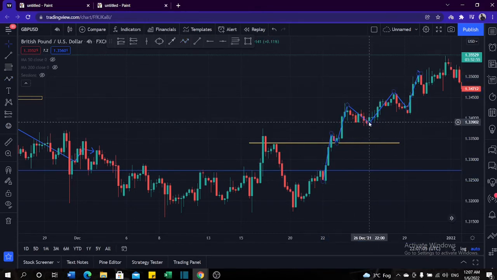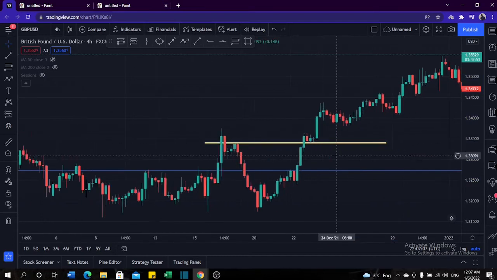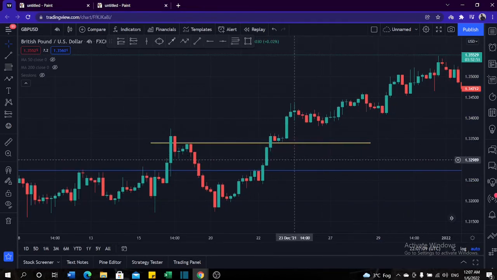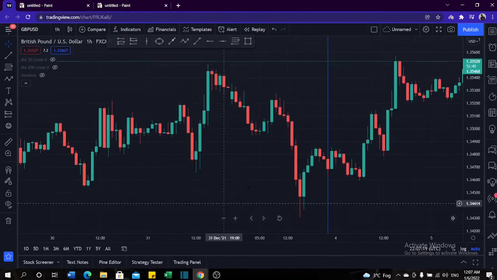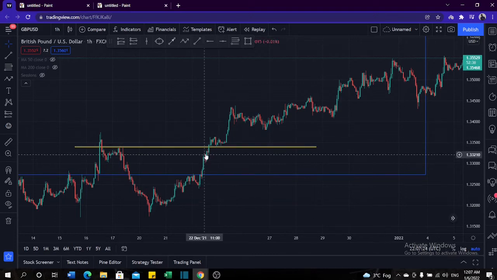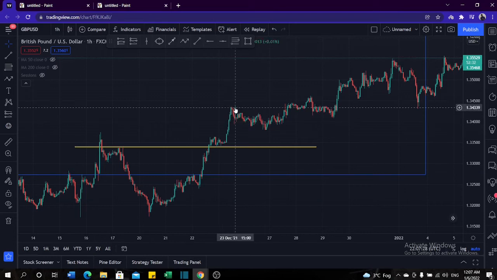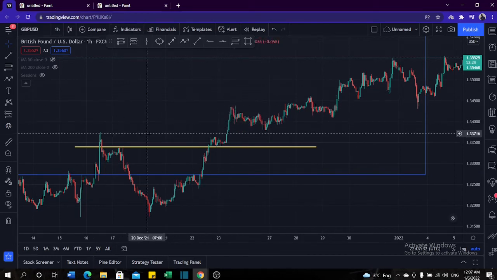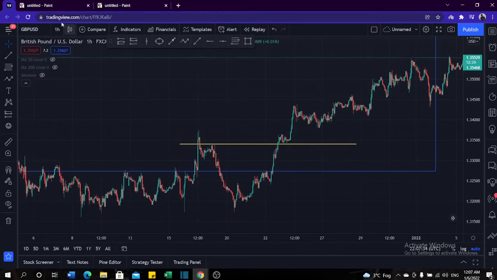The reason why I recommend anybody to use higher time frames to confirm support and resistance is because there is less noise and it is more clear. You can see what is happening in the market using these high time frames. I can show you on the 1 hour time frame using the same area. It came, broke, retested for a while, then it continued its momentum to the upside. There is less noise compared to a lower time frame.